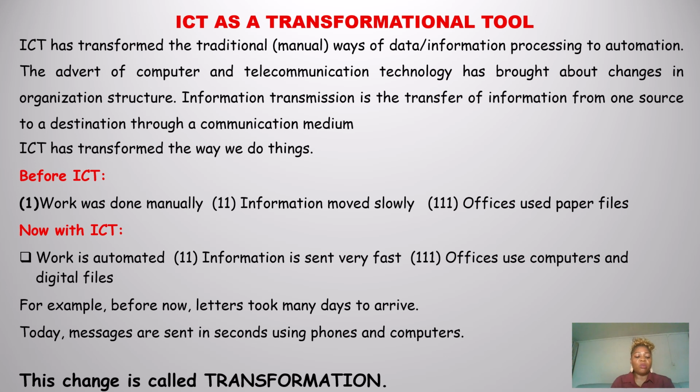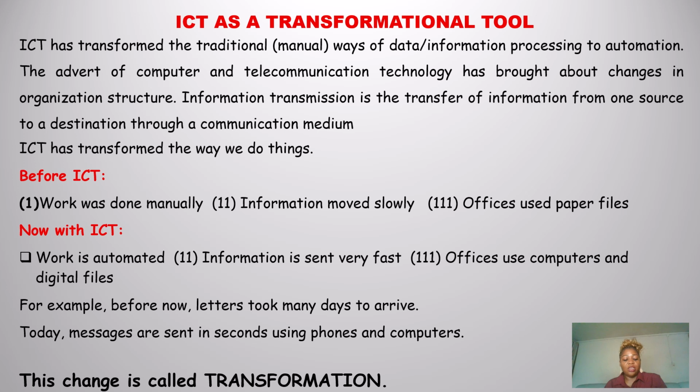ICT has transformed the way we do things. Before, work was done manually, information moved slowly, and offices used paper files. But now, with ICT, work is automated, and information is sent very fast using technologies.